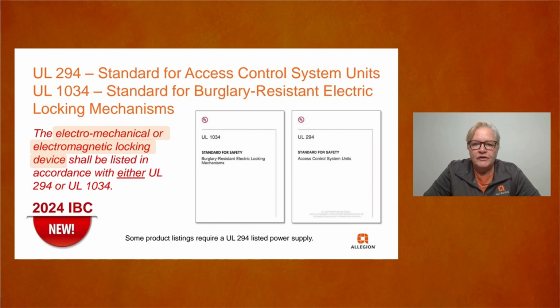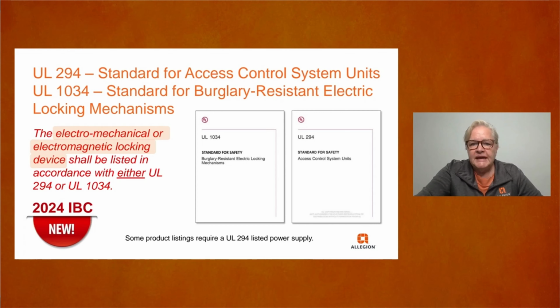That's really helpful in clarifying what the intent of the codes was. There are some systems where the lock, let's say a delayed egress lock, for example, might require a UL 294 listed power supply, but that's part of the hardware listings. It's not a model code listing, but just something to be aware of.